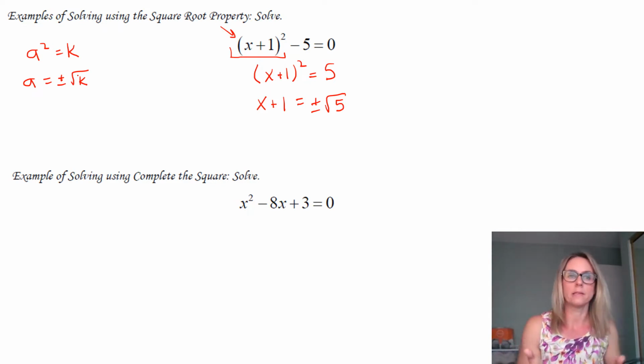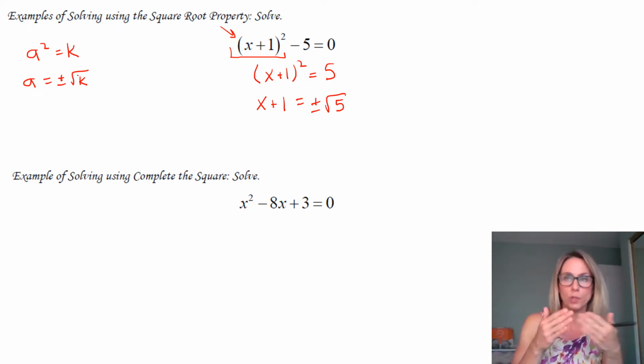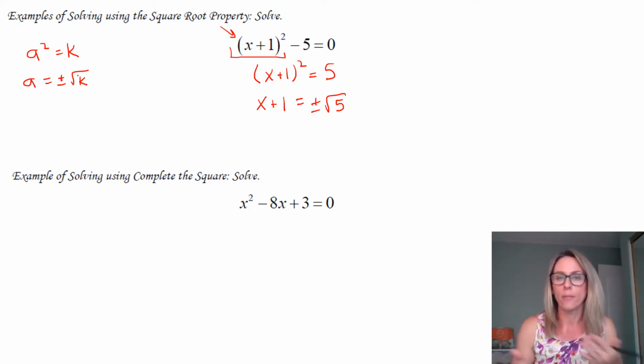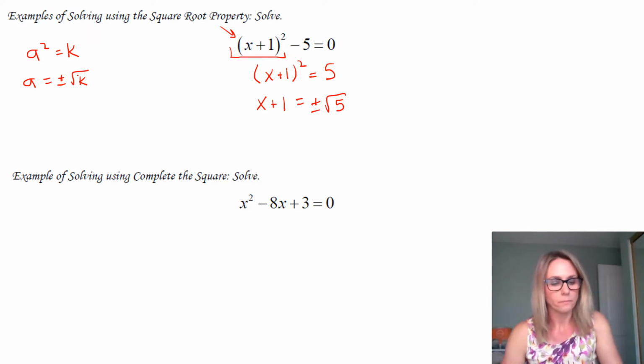The reason for that is that I could have a square root of k, I could have a negative square root of k, and when I square it, both of those things are going to give me k. And that's why we have to do the plus or minus.